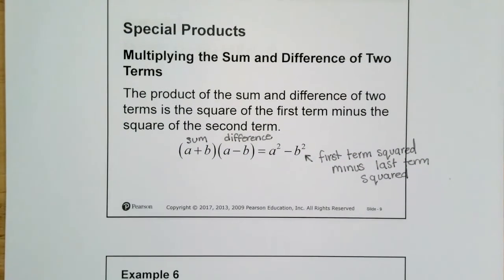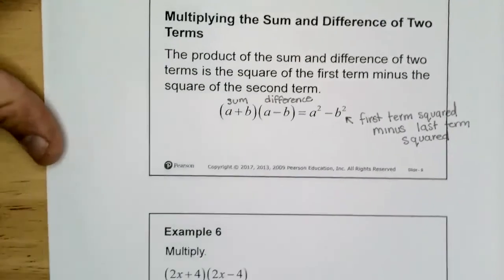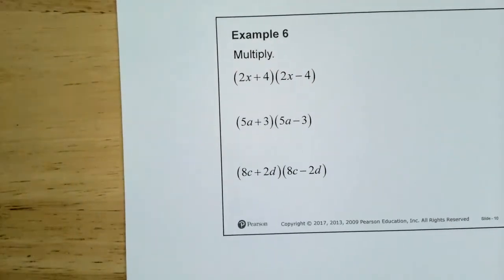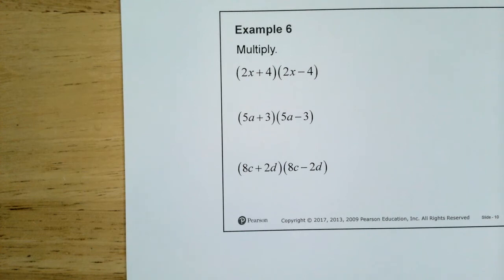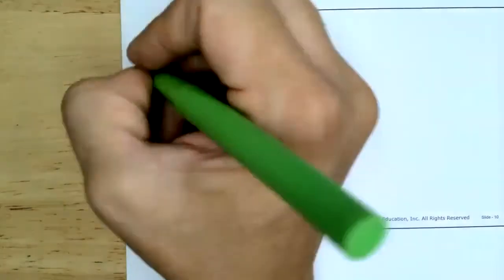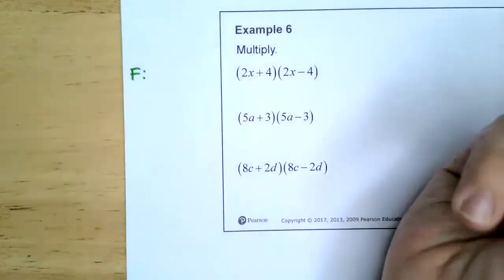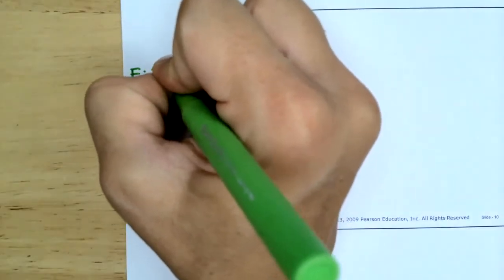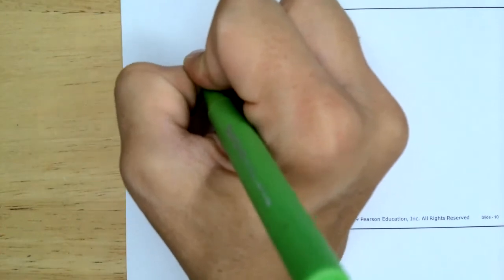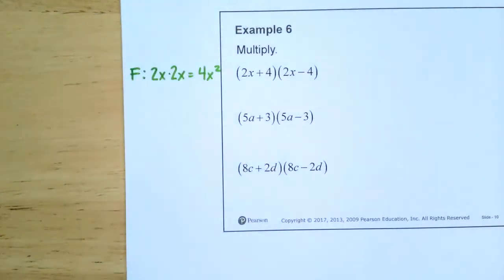So here we can do it the long way. 2x plus 4 times 2x minus 4. Let's do it the FOIL way. First, 2x times 2x is 4x squared.